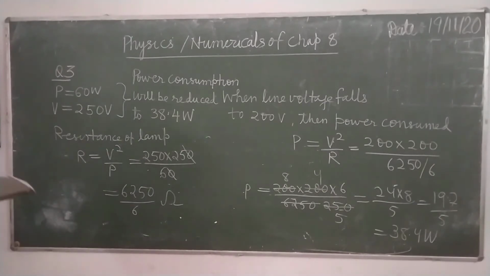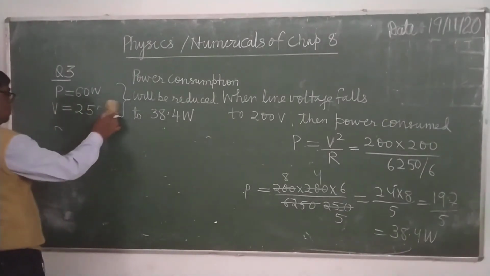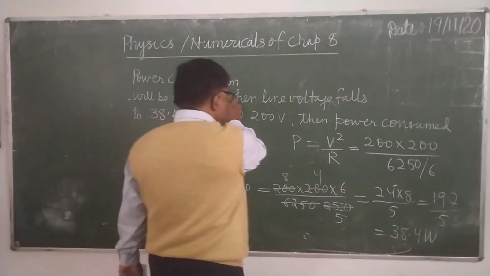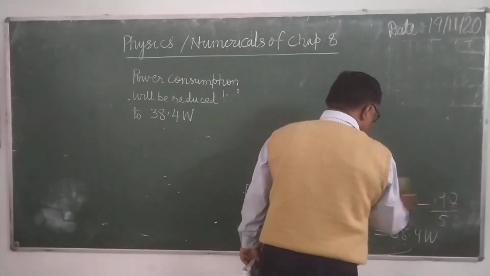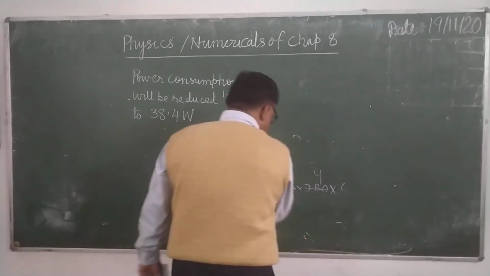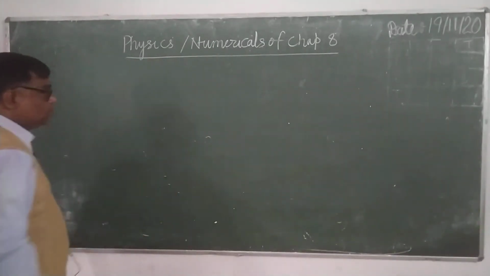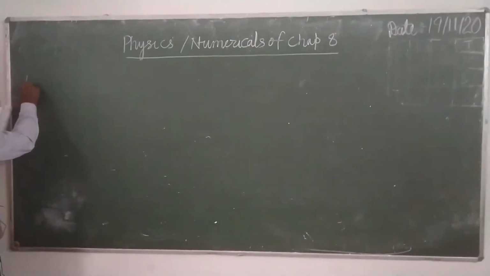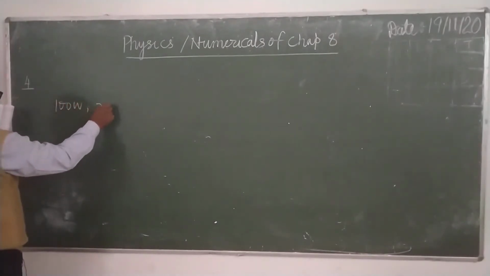Now question number 4. An electric bulb is rated 100 watt, 250 volt.